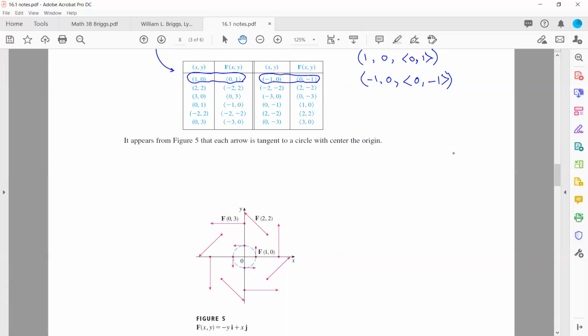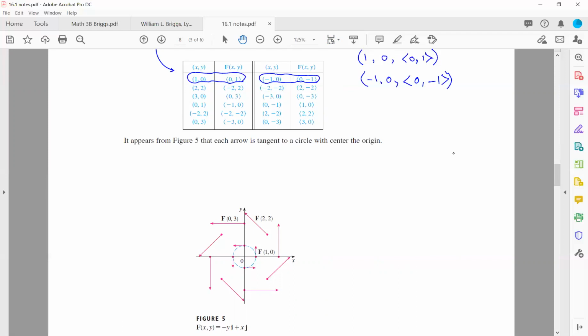So you have a little vector with a length equal to 1, the length of this vector. That's why it's smaller than the rest of these vectors, outside vectors. The length of this vector is 1, and the direction is downward. This function takes a point like 0 and -1, and it maps it to the vector 1 and 0.